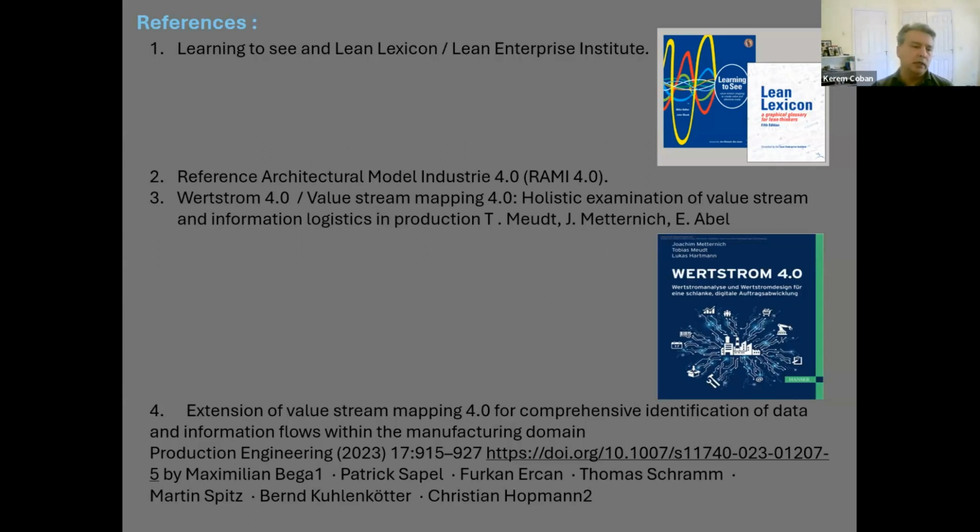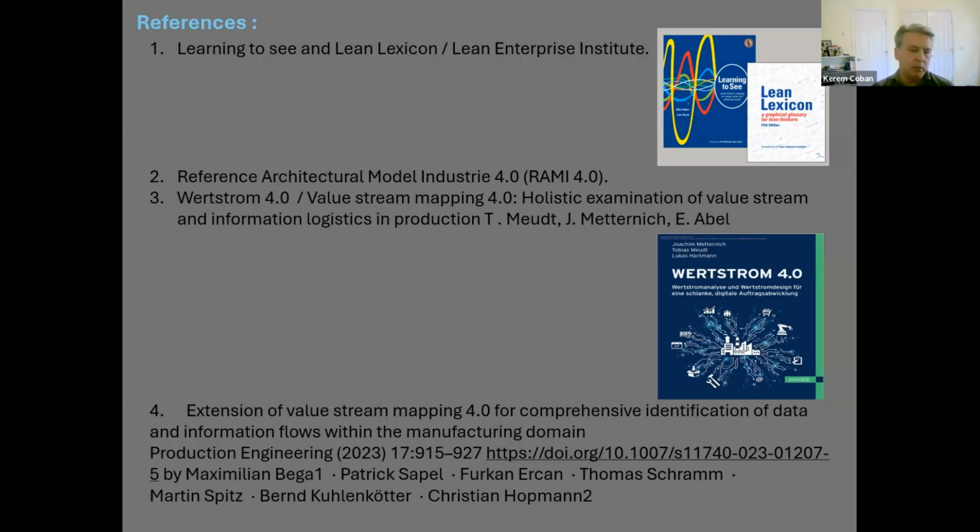As far as I know, the Lean Enterprise Institute has not yet started giving training or publishing the stream map Industry 4.0 format. Another reference is RAMI 4.0, or the long-term Reference Architecture Model for Industry. It gives you the overall information and standard about Industry 4.0.